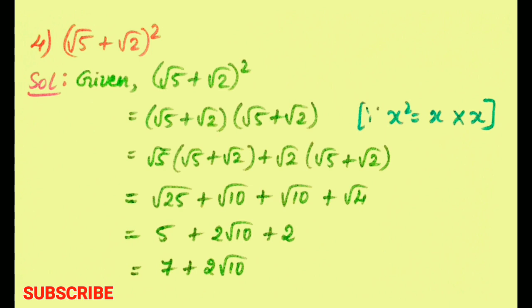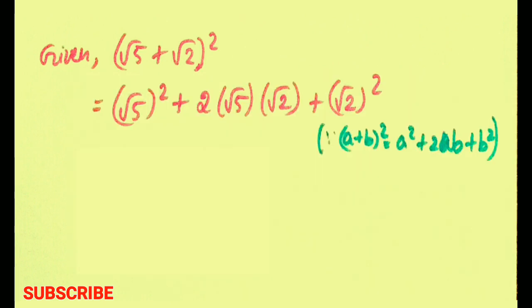There is an alternate method by using the (a + b) whole square formula. Take the given as it is, (root 5 + root 2) whole square. Now apply the formula: (a + b) whole square is equal to a square plus 2ab plus b square. Here a value is root 5 and b value is root 2.